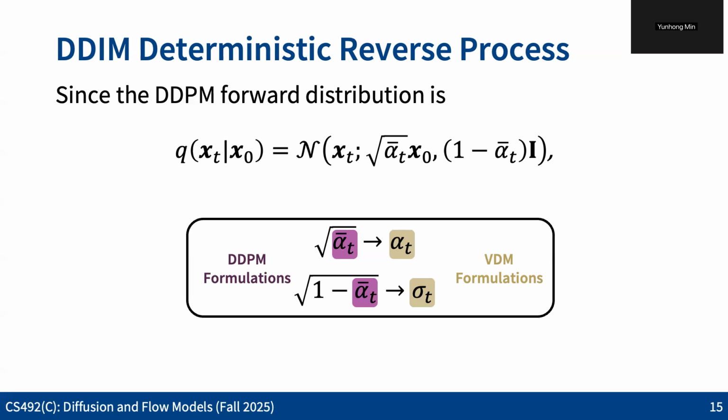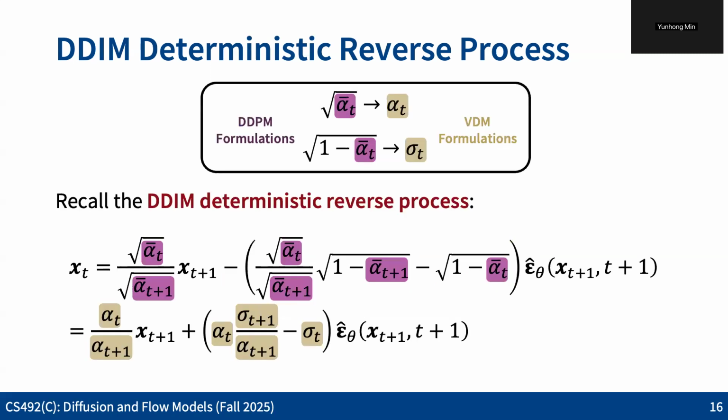Based on the mapping from the variables in the DDPM case to the variational diffusion models, we can rewrite all the things that we have seen in the previous lectures. In DDPM and DDIM, especially for DDIM, the deterministic reverse process, the formulation of x_t can be written with the alpha and sigma functions.